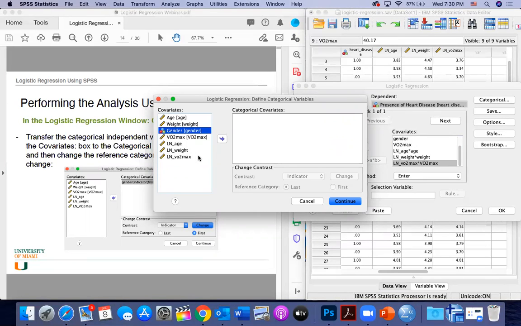So you want to define this and decide which level is considered as a reference category. Move gender to the categorical covariates first by highlighting it and then moving it to the categorical covariates box.